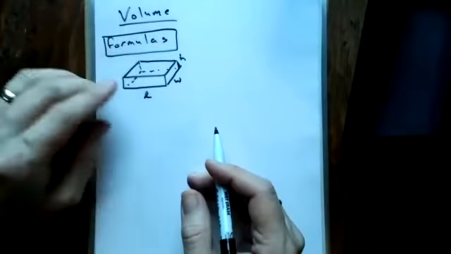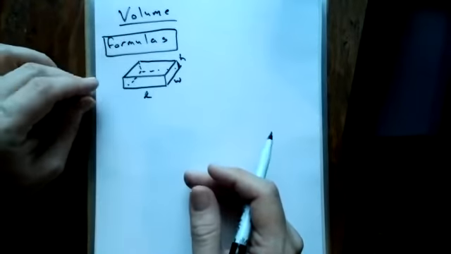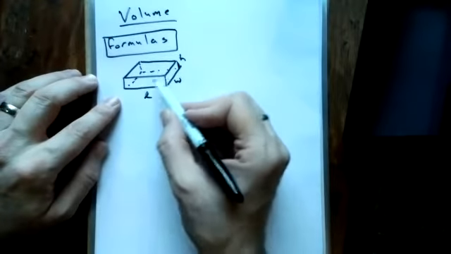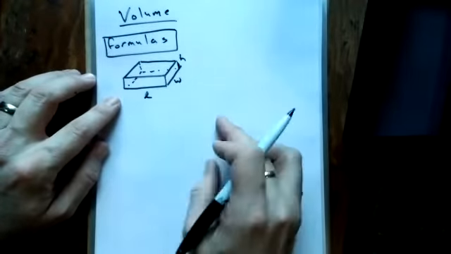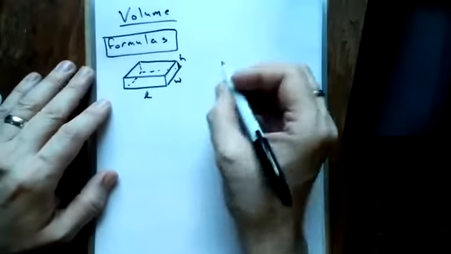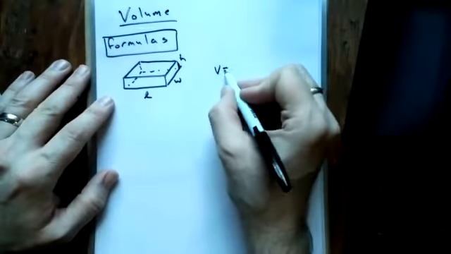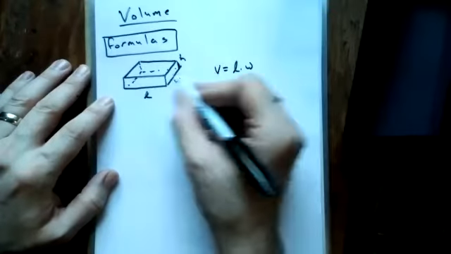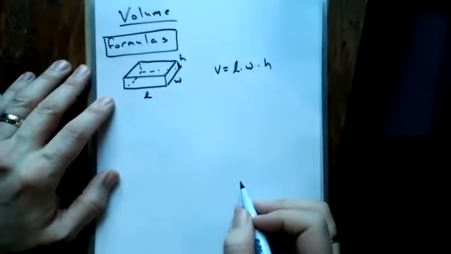This type of shape is actually one of the easiest ones, and we call this a prism. What we're going to do is you can think of the area of just the base and multiply it by the height. And you're going to see this a couple places. But here, our volume for this is going to be that length times width, that's just the area of that base, times the height.